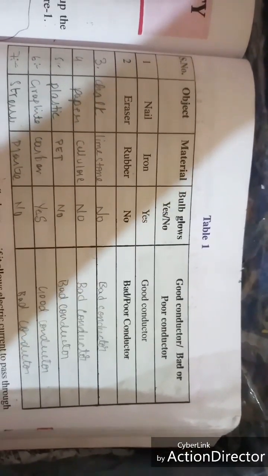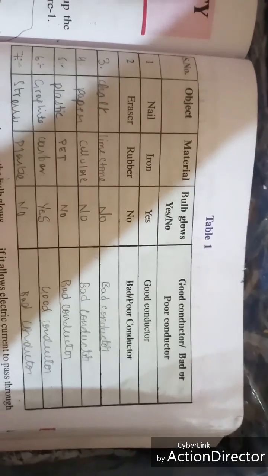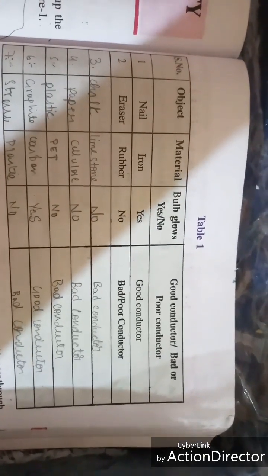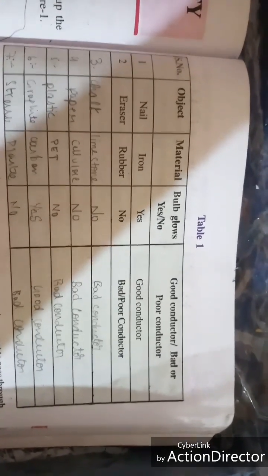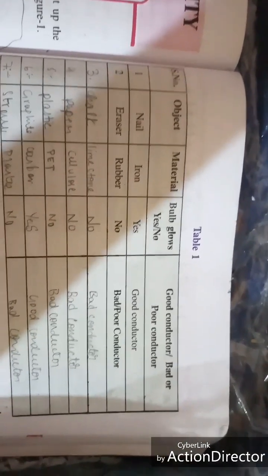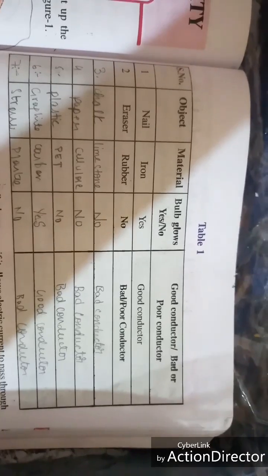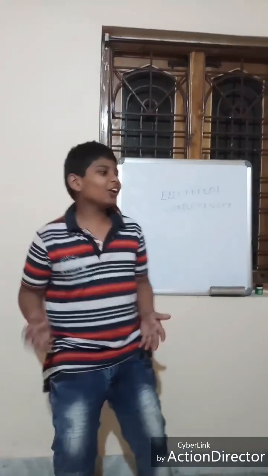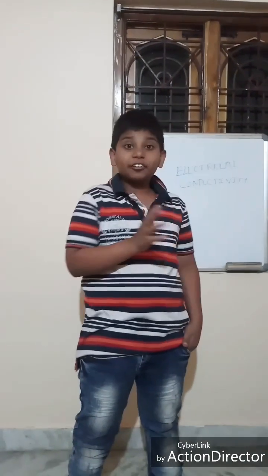In the above activity, we observed that some materials allow electric current to pass through them. We call them good conductors of electricity. In general, all metals are good conductors of electricity. On the other hand, the materials that do not allow electric current to pass through them are called bad or poor conductors of electricity.